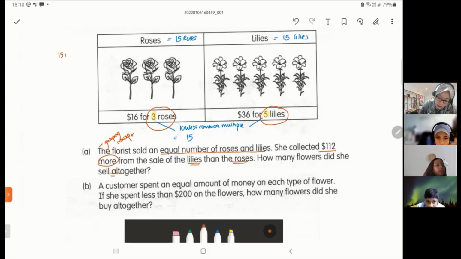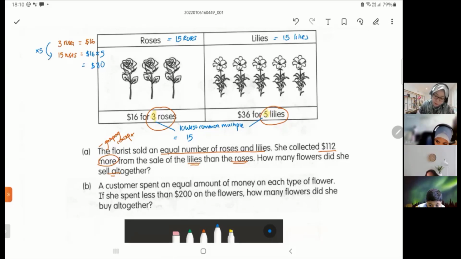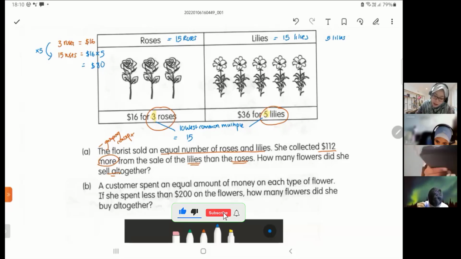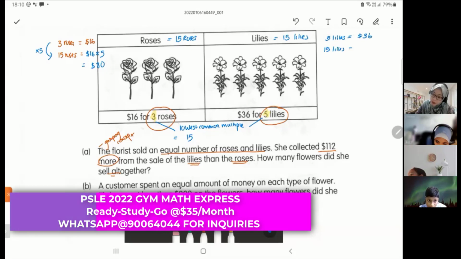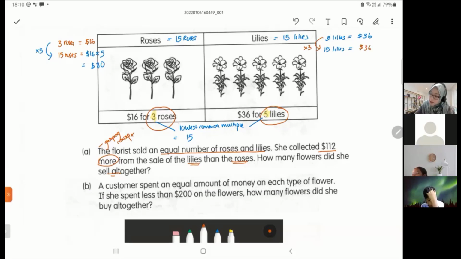If 3 roses is $16, 15 roses will be times 5, so $16 times 5 equals $80. Now 5 lilies is $36. From 5 to 15 is times 3, so 36 times 3 is 108.